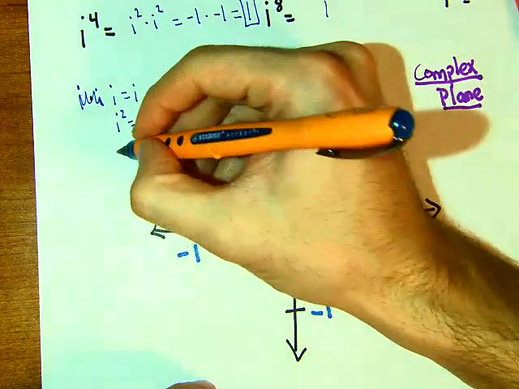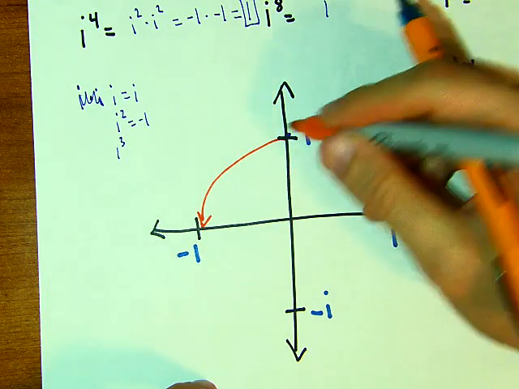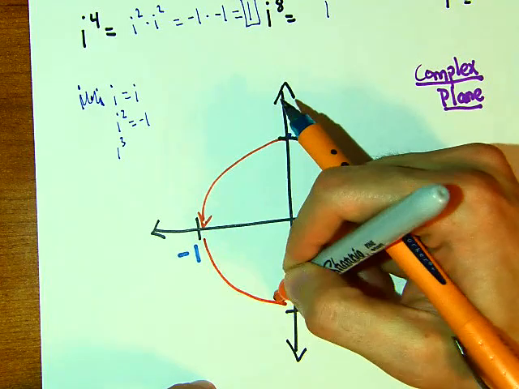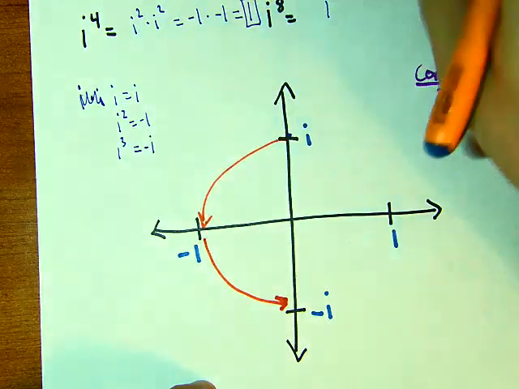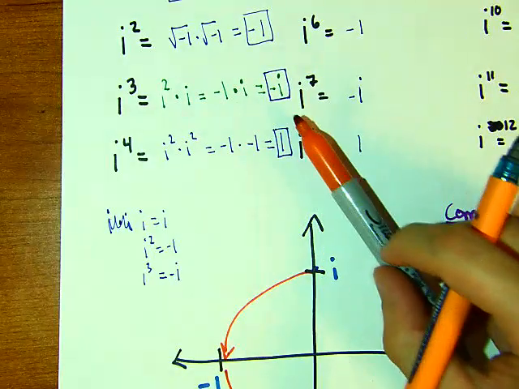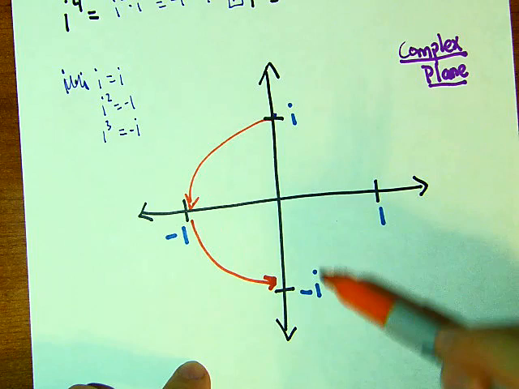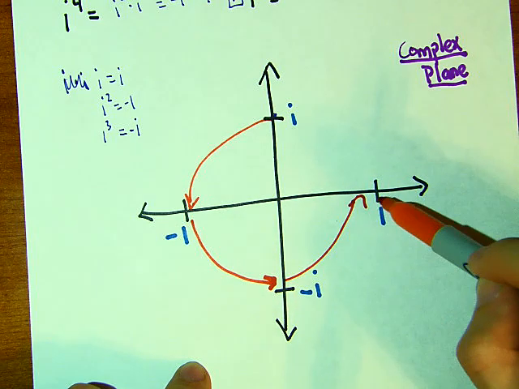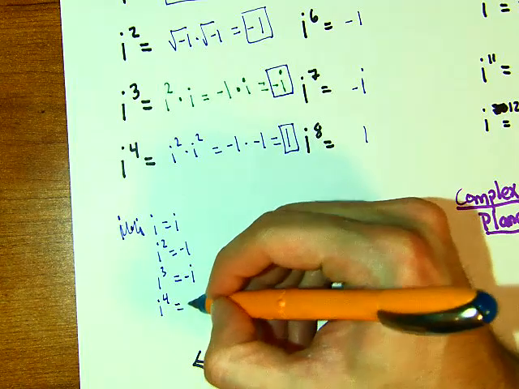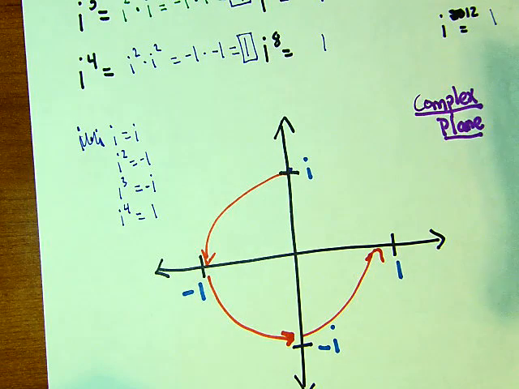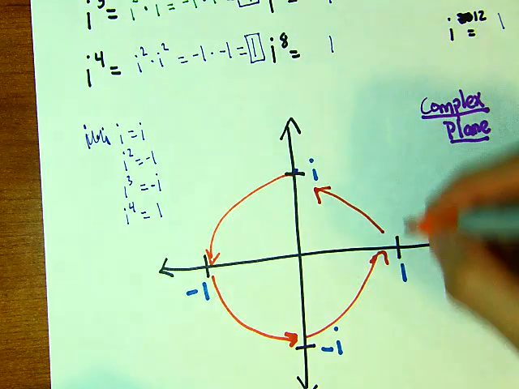What about i cubed? What if we did another i? Well, that gets us to minus i, right? And that's what we have here. i cubed is minus i. What if we did times i again? This will go to 1. And that's what's happening. This is i to the 4th, and that's equal to 1. So every time you multiply by i, you're just doing a rotation.